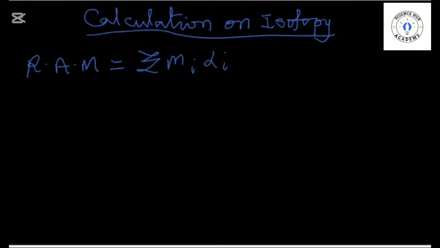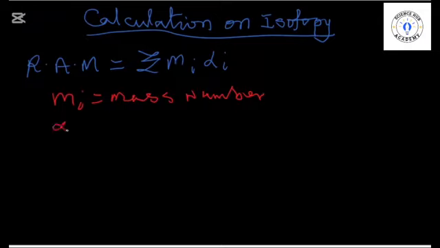Where Mi represents the mass number and alpha i represents relative abundance.